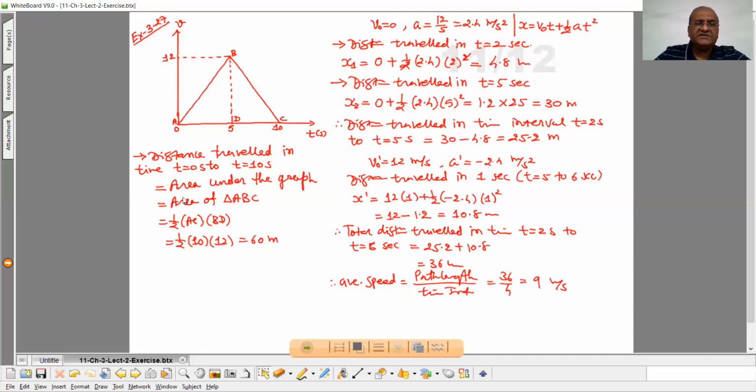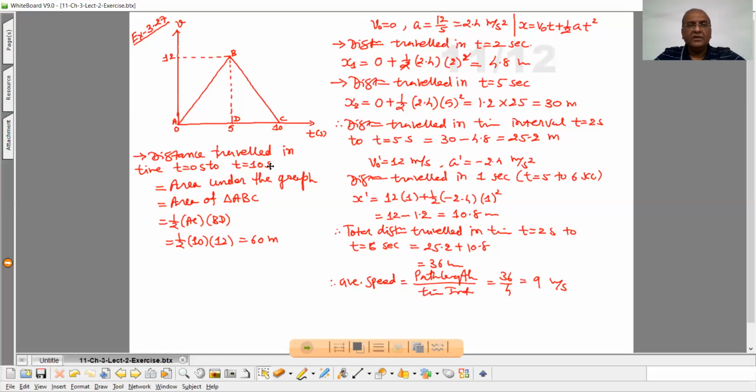That distance traveled is the area of triangle ABC, that is half into base into height. So half into AC into BD. Half into AC, that is 10, and BD, that is 12. So you will get 60 meters.